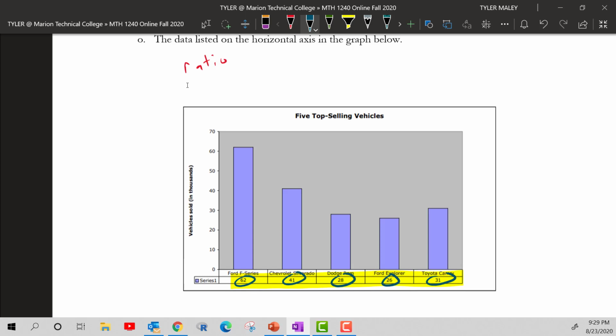If you notice, these numbers correspond to the number of vehicles sold in thousands. That's why it's ratio, because there is a natural zero and ratios make sense.